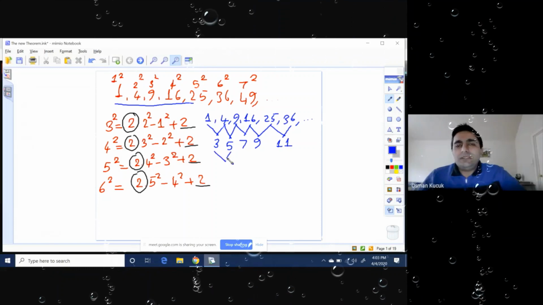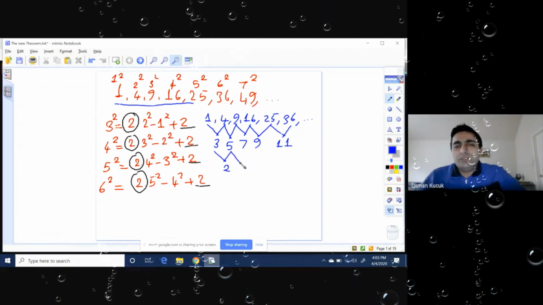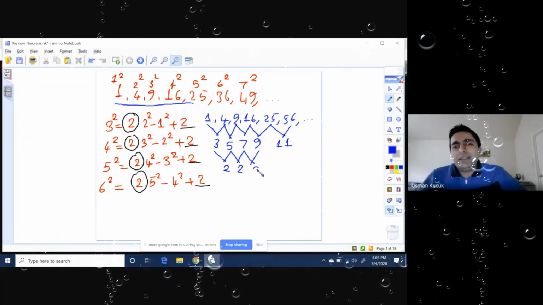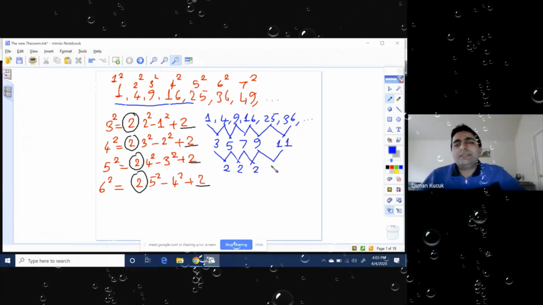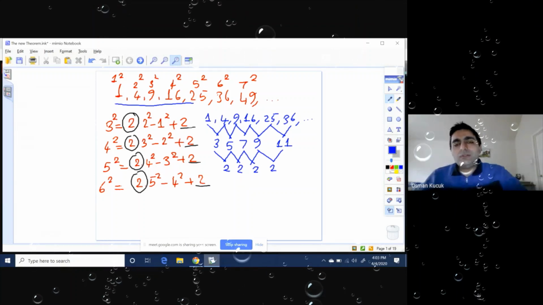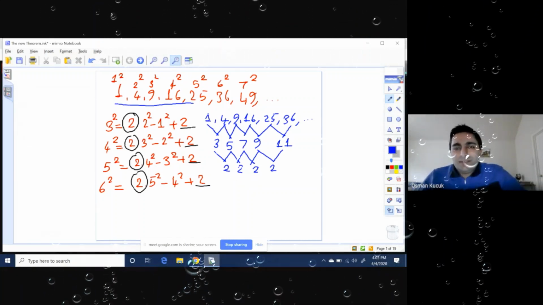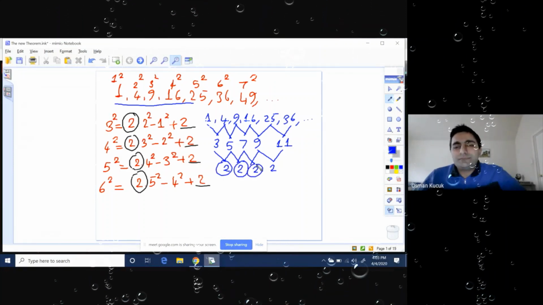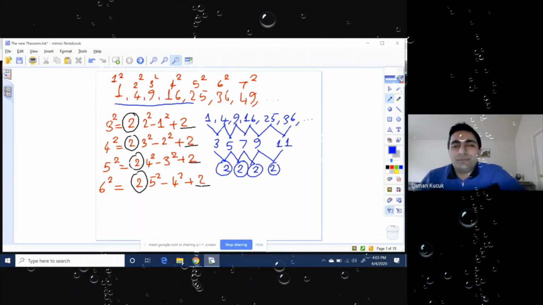The difference between 3 and 5 is equal to 2. Difference between 5 and 7 is equal to 2. And 9 minus 7 is equal to 2. 11 minus 9 is equal to 2. As you notice, the second differences between the perfect squares are all equal. All of them are equal to 2.